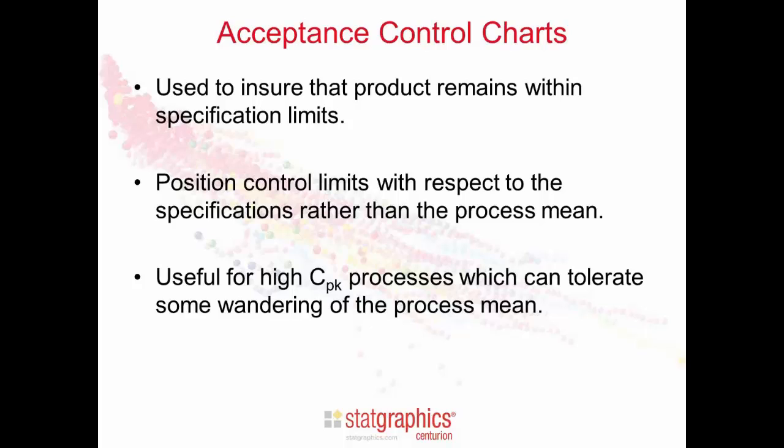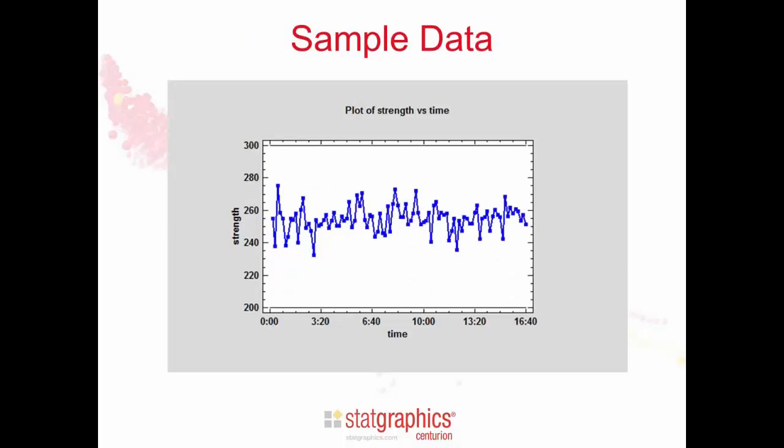For example, here's a plot of what I would call a high CPK process. This is the data where we're measuring the breaking strength of items that are coming from our manufacturing process. You'll notice there is some variability, as there always is whenever we collect real data.